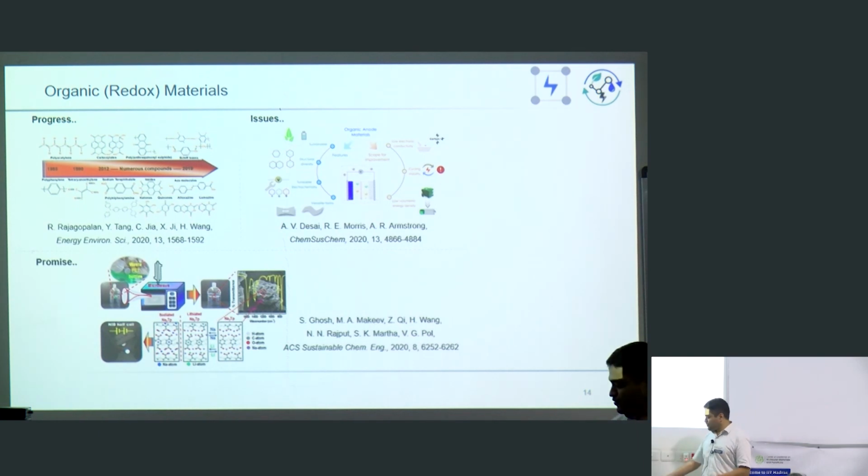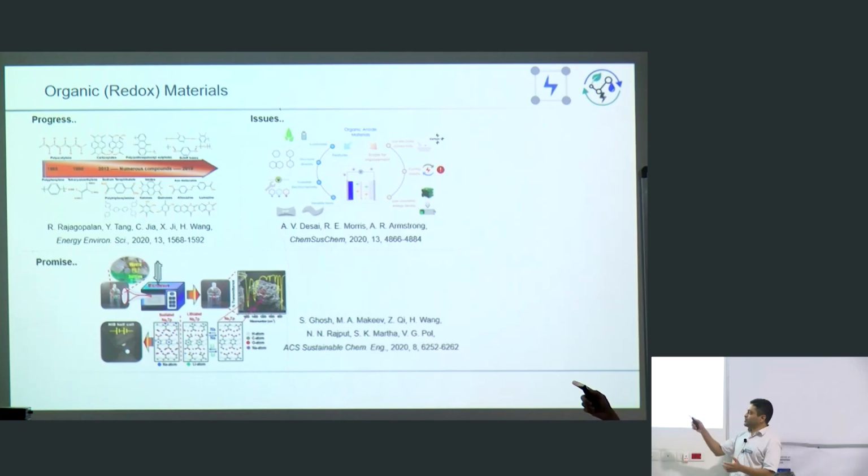Because PET bottles are everywhere around us. If you can find a way to recycle PET bottles into some functional molecule, we don't care about the size and the energy densities that we derive out of it. But if we can make a battery out of it, that would be quite a cool thing already. So this is this idea where organic redox comes into play or is featured very prominently.